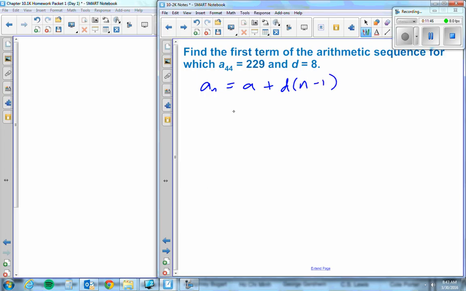So where does the 229 go? Archem? We're going to put the 229. Yeah, it's the answer essentially, yes. We're going to put the 44.